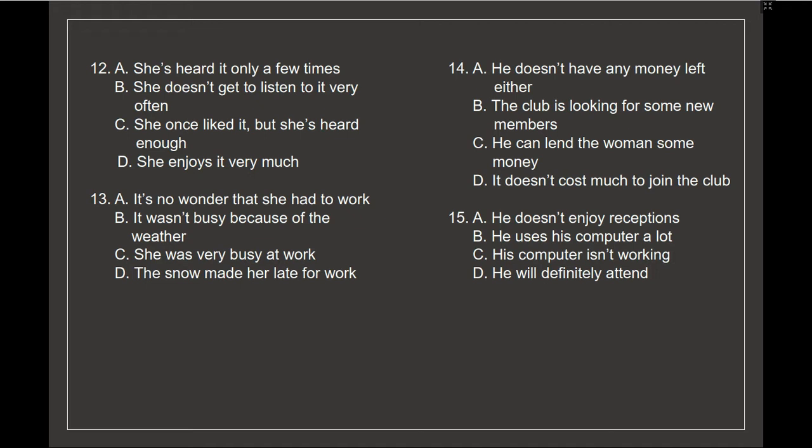Number 13. "You weren't very busy at work today, I suppose." "Not busy. We were snowed under." What does the woman mean? Number 14. "I've spent all my money for the month." "Join the club." What does the man mean?